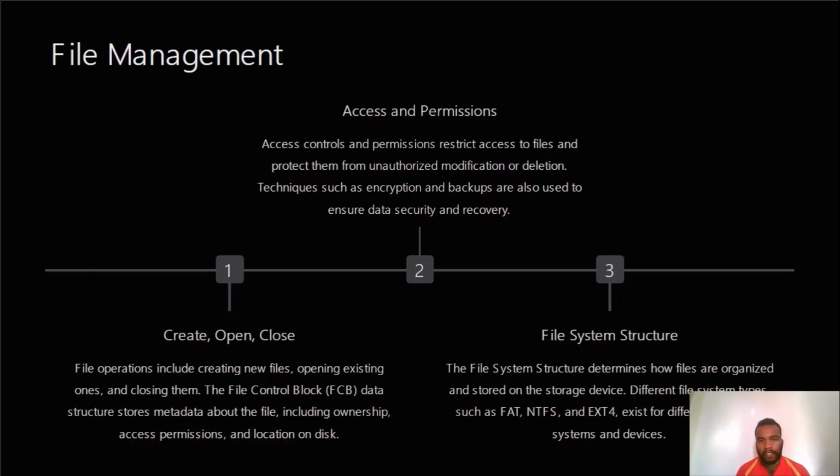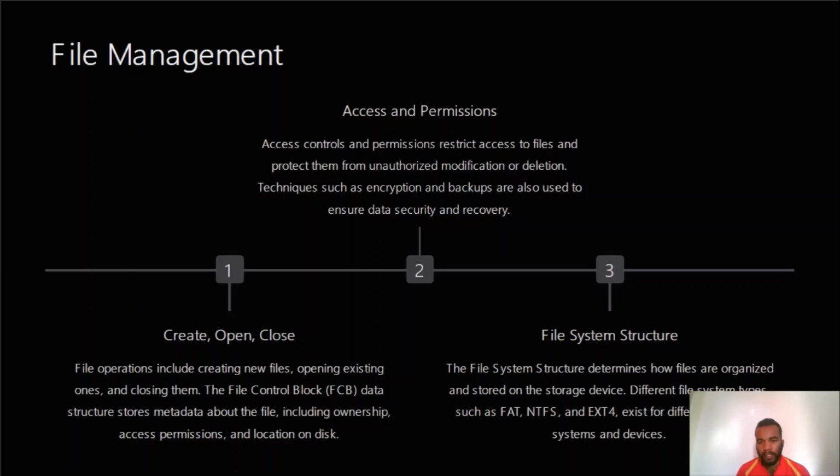The second one is access and permission. Access controls and permissions restrict access to files and protect them from unauthorized modification or deletion. Techniques such as encryption and backups are also used to ensure data security and recovery.